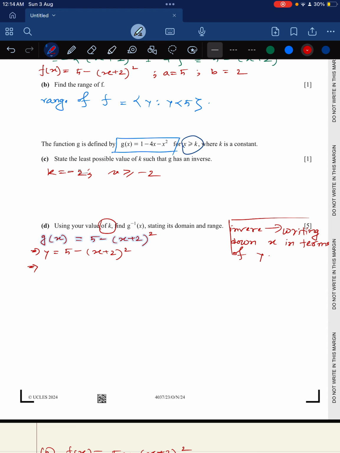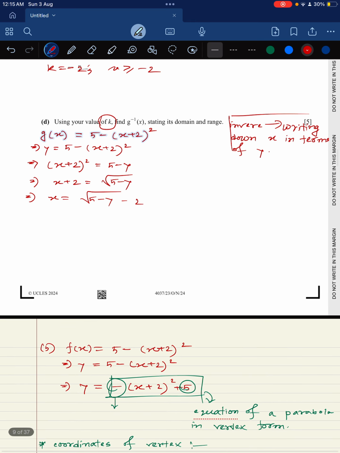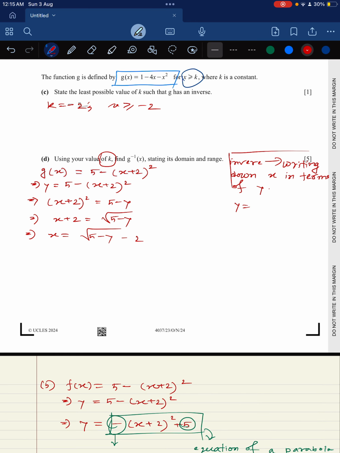So (x plus 2) squared is equal to 5 minus y, so x plus 2 is equal to the square root of 5 minus y, and x is equal to the square root of 5 minus y, minus 2. If y is equal to f of x, then x is equal to f inverse of y, so f inverse of y is the square root of 5 minus y, minus 2.